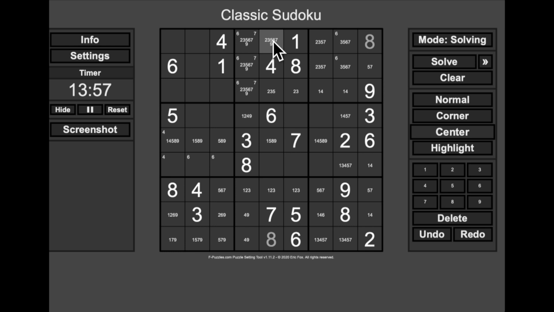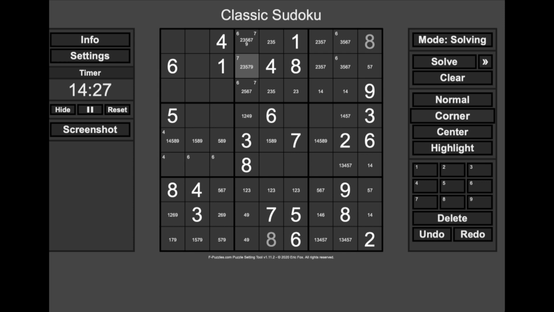This can't be 6 or 7 or 9. This one's not 9. It's also not 3. It's definitely not 6. And I don't know why I put a 6 there.